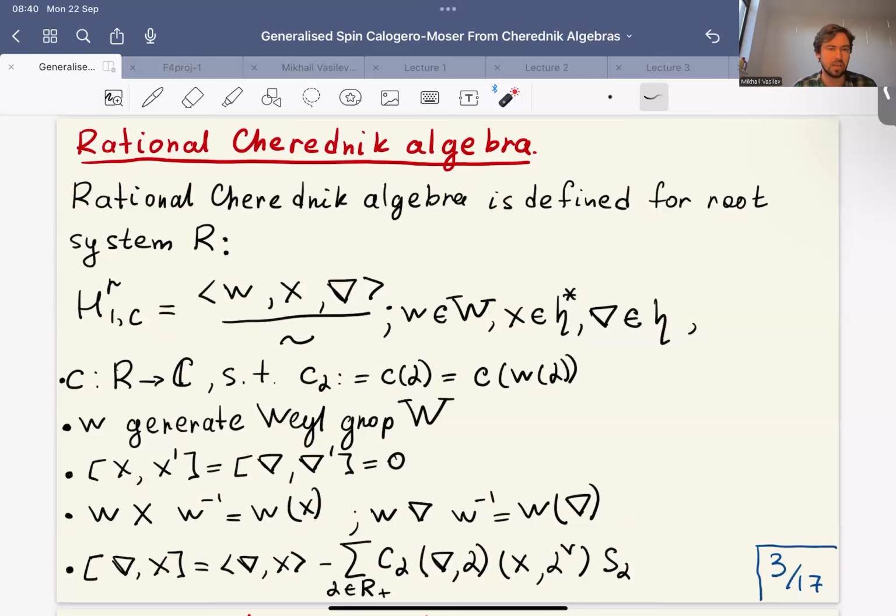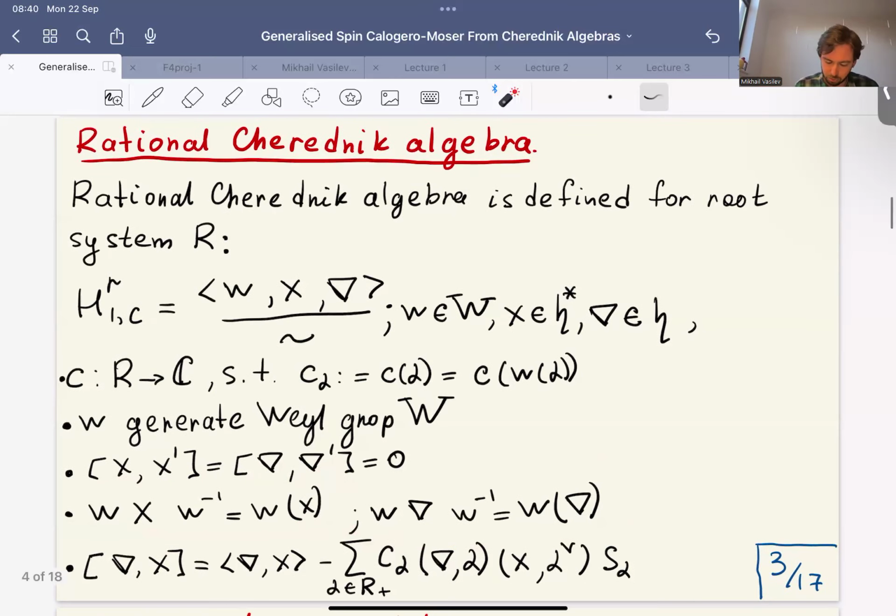The X's commute, the nablas commute, and we have this equivariant action on the X's and on the nablas. And there is one complicated relation, which is, well, just some formula. So this is a formal algebraic definition of a rational Cherednik algebra.